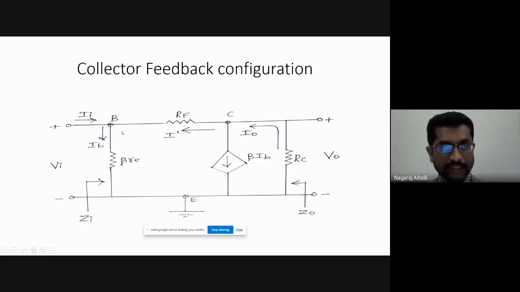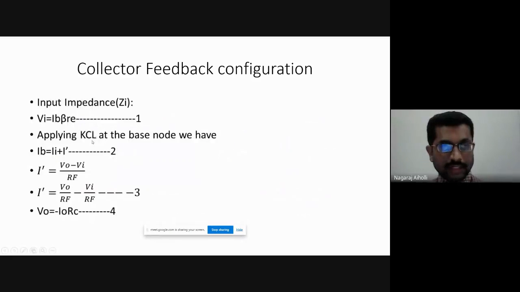The current I naught flows here, then it is getting split into beta IB and I dash. From I dash, it comes here to the base terminal, and the base current IB flows. By Kirchhoff's current law, II plus I dash gives the base current IB.